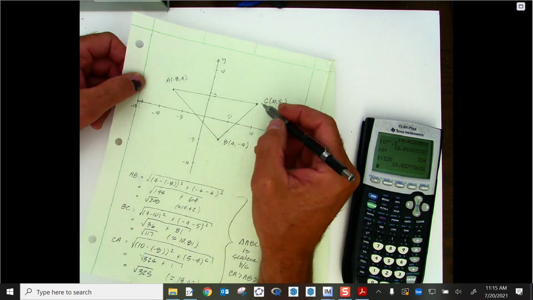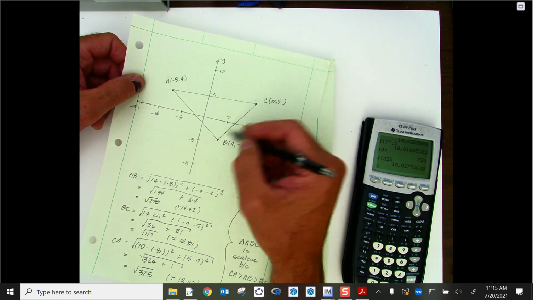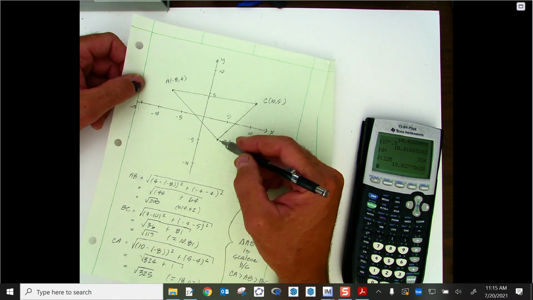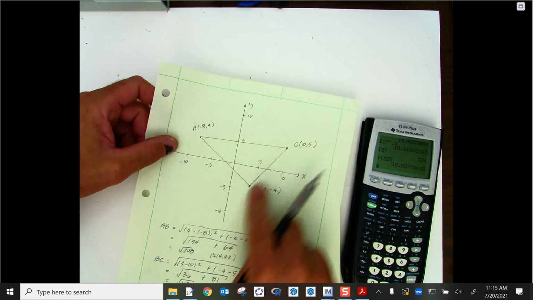One thing to check for rightness is the slopes of these lines, to see if they're negative reciprocals. So I'm going to find the slope of AB and the slope of BC.